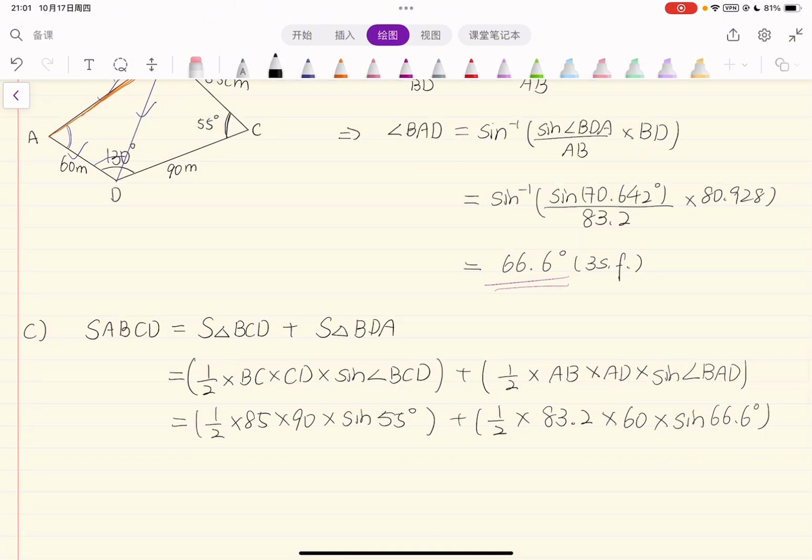And you tap them into the calculator, you will get 5,420 meters squared to 3 significant figures. So that is the end of the question.